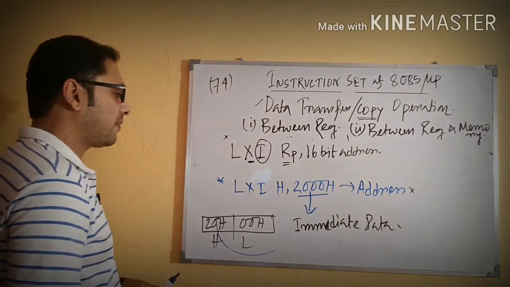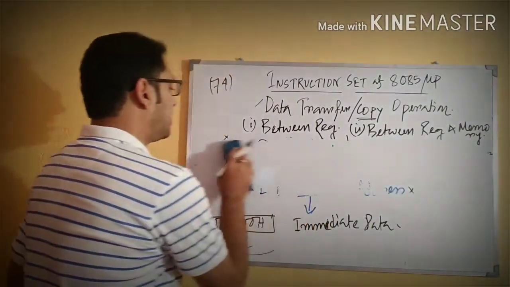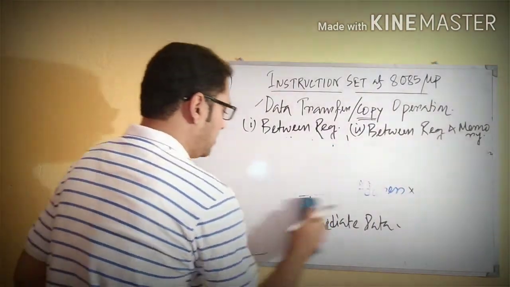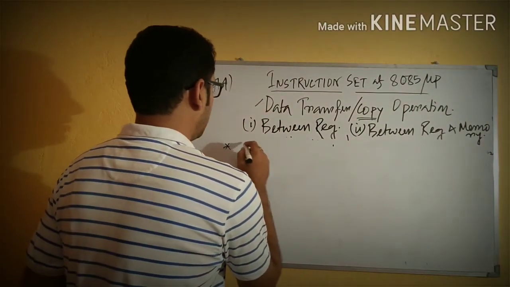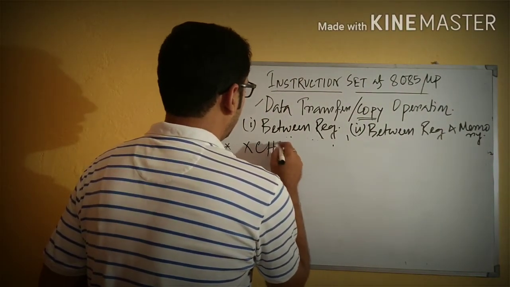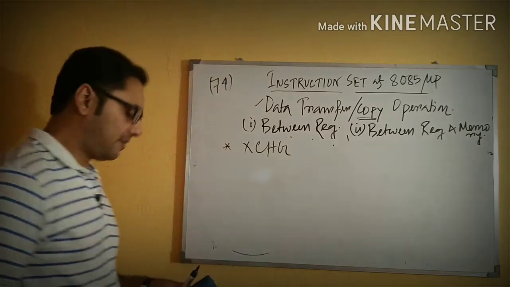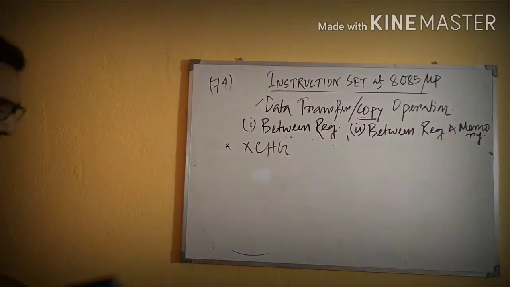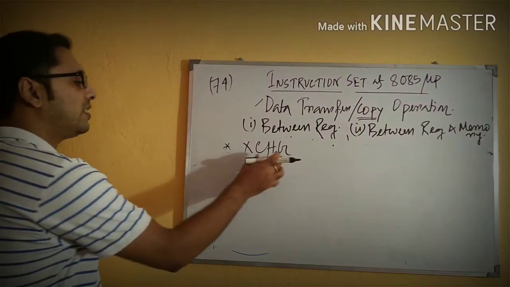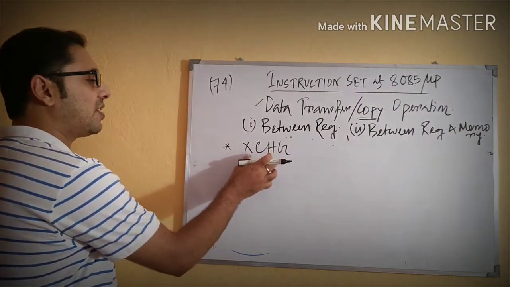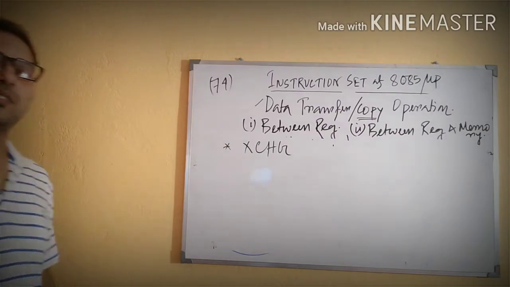The next instruction that I should mention here is XCHG. Remember, I have said if the instruction has X anywhere within the opcode except the starting location, then X represents a register pair.